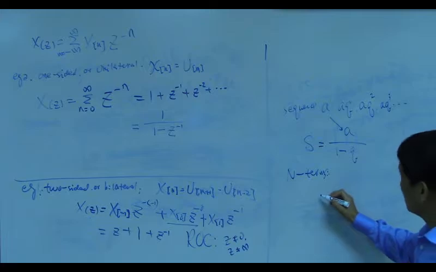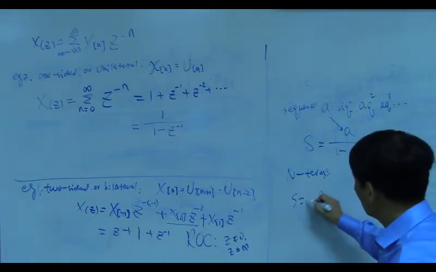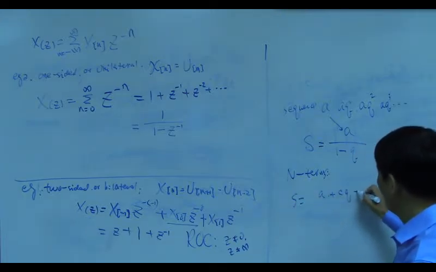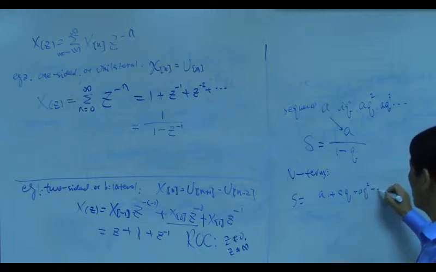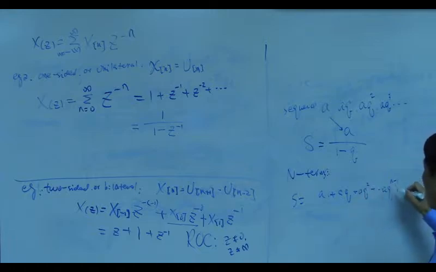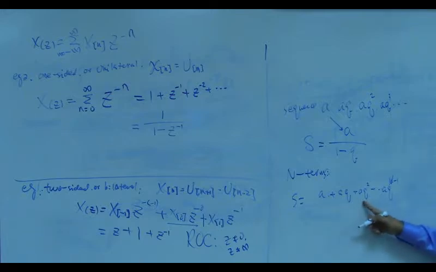So suppose S equals a plus aq plus aq squared, up to aq^(n-1). This is n terms, right? First term, second term, third term, and the last is n minus 1, so that's n terms.